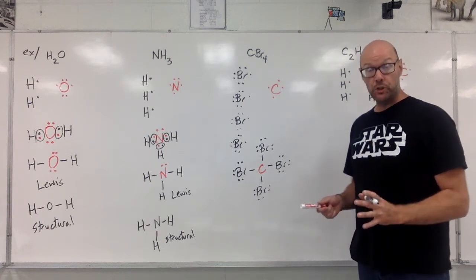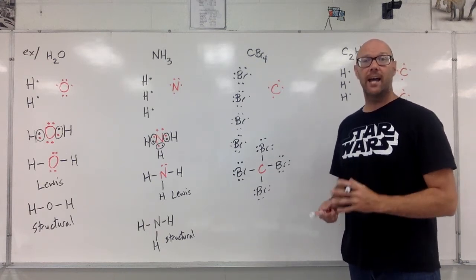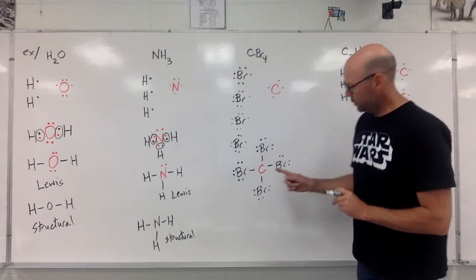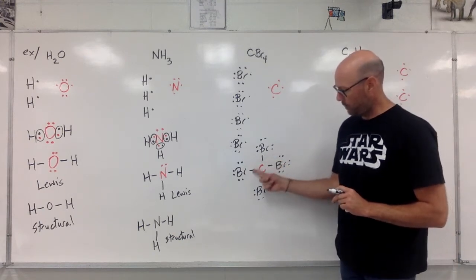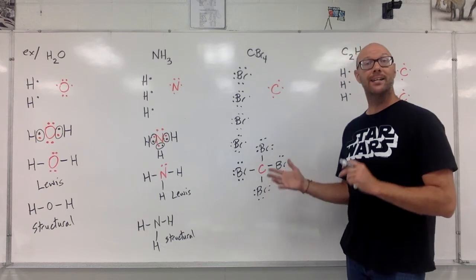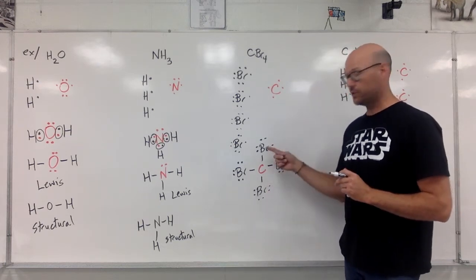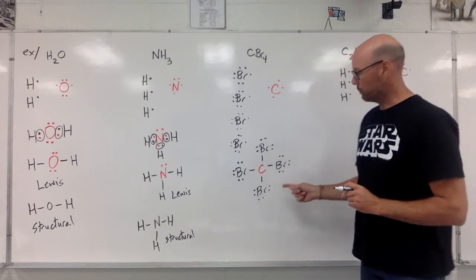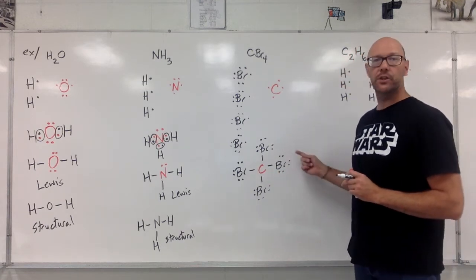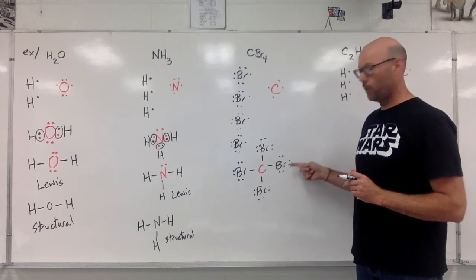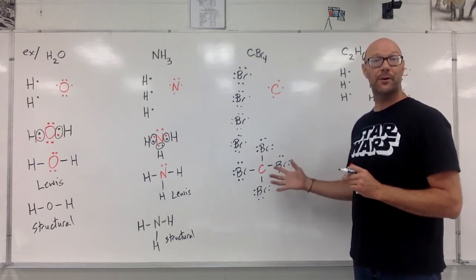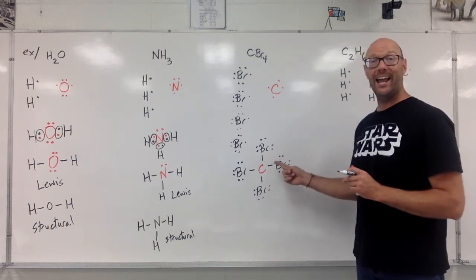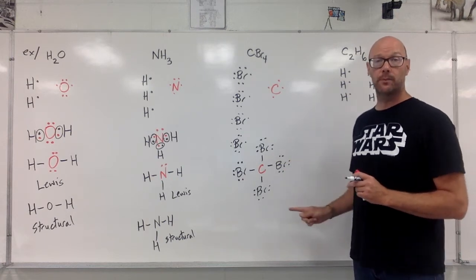I can double check my work to see if the octet rule is satisfied. Here's the carbon. It has these 4 bonds touching it, and each bond is 2 electrons, 2, 4, 6, 8. The carbon has an octet. The bromines, they each have these 3 lone pairs, 2, 4, 6 electrons, and the bond counts as 2 as well, 2, 4, 6, 8 electrons around each of the bromines.